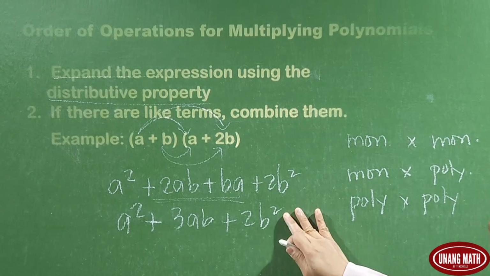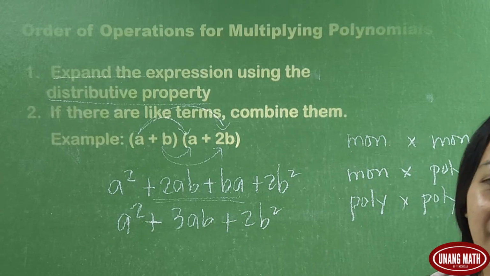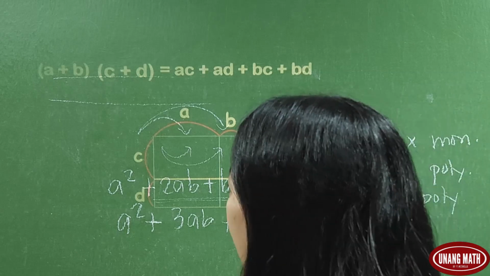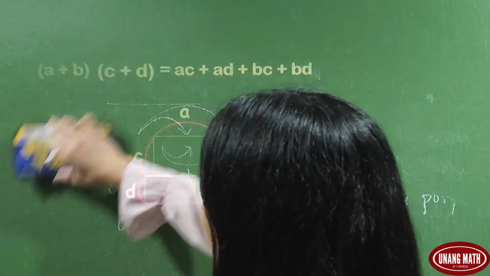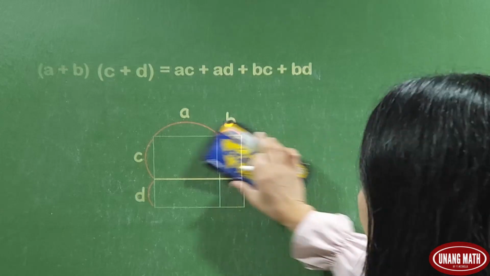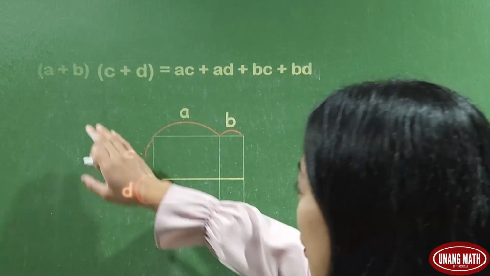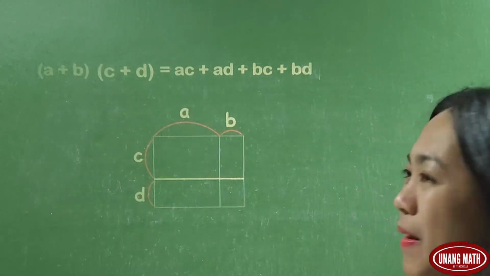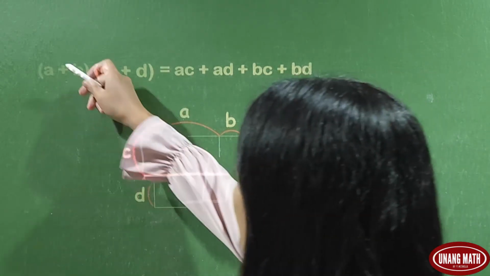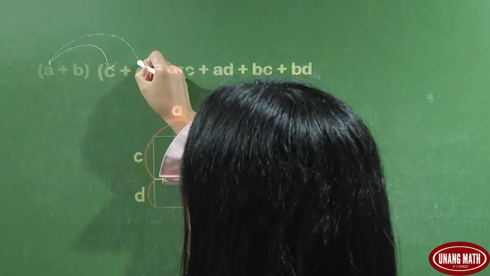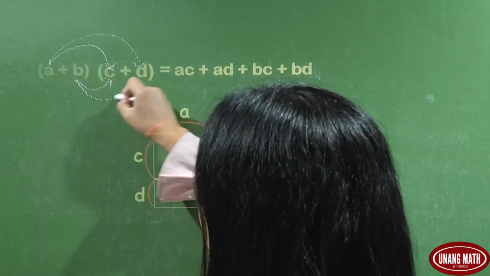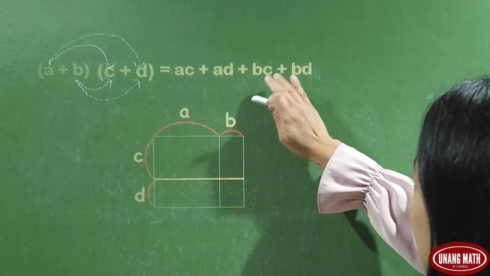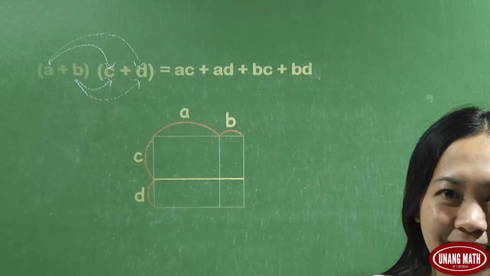Why do we need to use the distributive property in multiplying polynomials? Let's prove that the distributive property works. We have here this polynomial a plus b times this polynomial c plus d. If we use the distributive property, then a times c, a times d, b times c, and b times d. So we have ac plus ad plus bc plus bd.